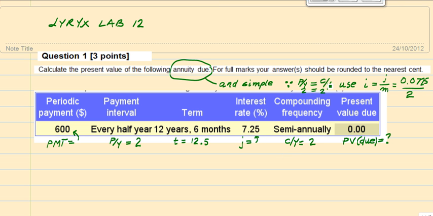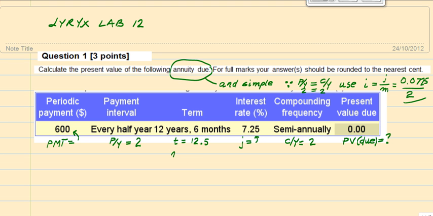So if P over Y is equal to C over Y, that's a simple annuity due, and we're going to use I is equal to J over M. In our case, J is equal to 0.0725 divided by 2. We're asked to find the present value due, and the term is 12 years and 6 months, that's 12.5 years.